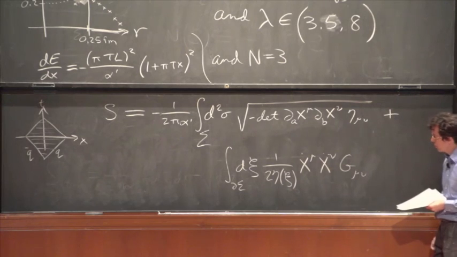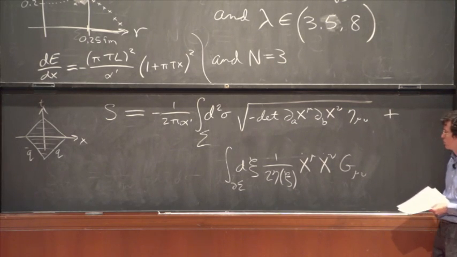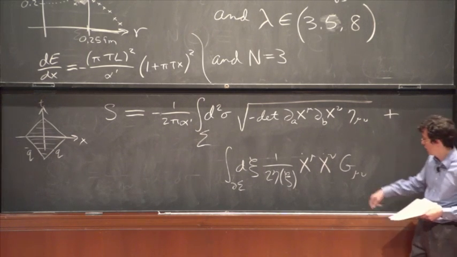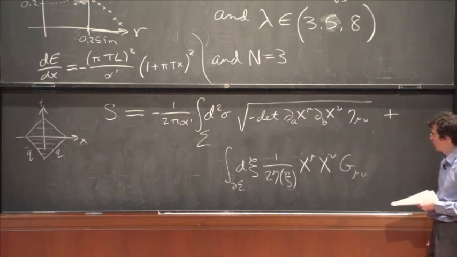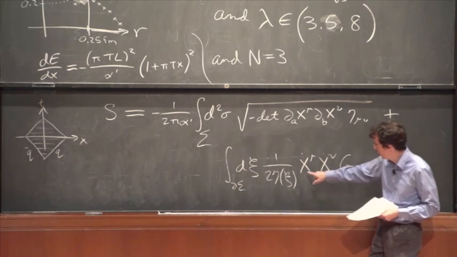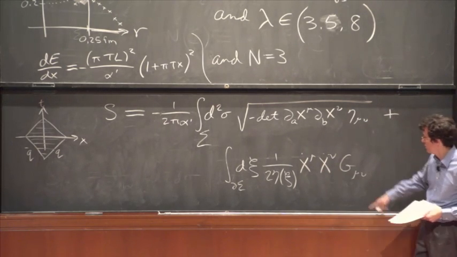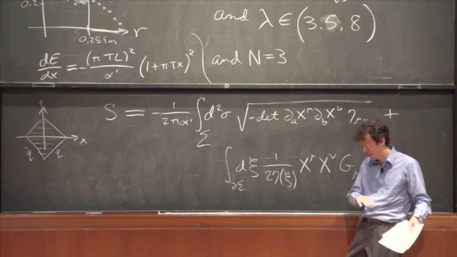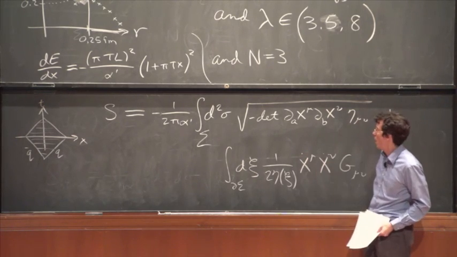Now, a priori, this seems very funny, especially to experienced string theorists, because a priori, about the only thing you can manage to add at the endpoint of a string is something like a Chan-Paton factor, which has only one factor of x dot. By the way, these dots mean d by d psi.